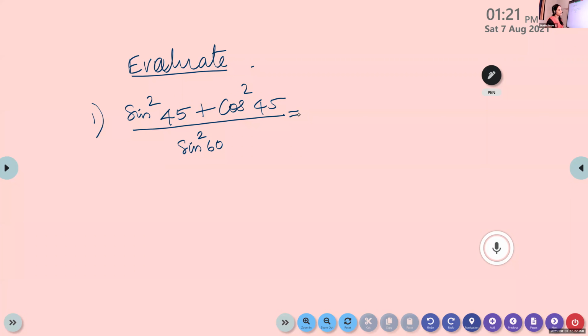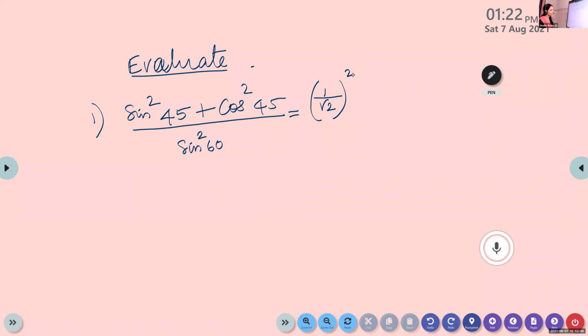Look at the value of sine 45. What is the value of sine 45? From the table, we can write the values. Sine 45 is 1 by root 2. The whole square, sine square is there.